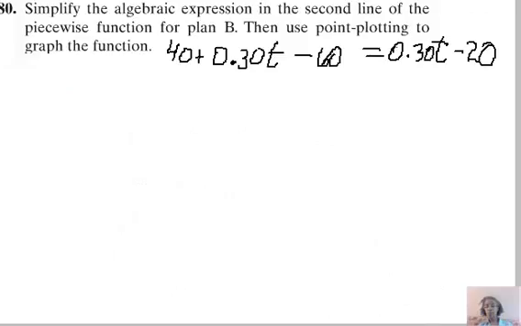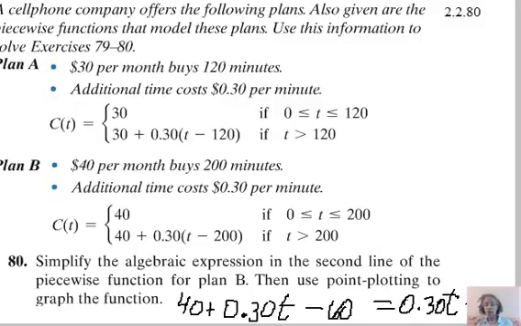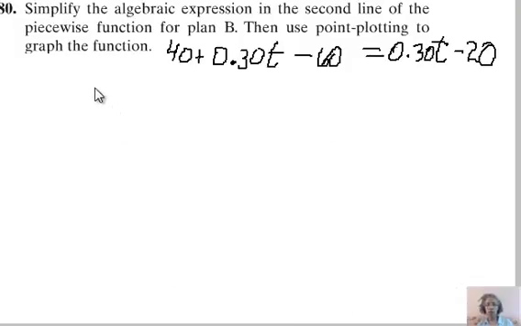So in order to graph this, I realize that the function is constant between 0 and 200, and that's actually where the function starts, at 0.